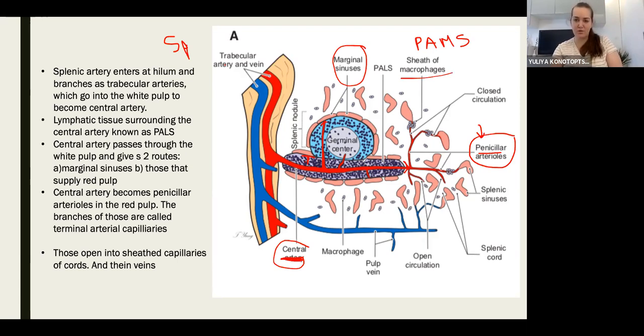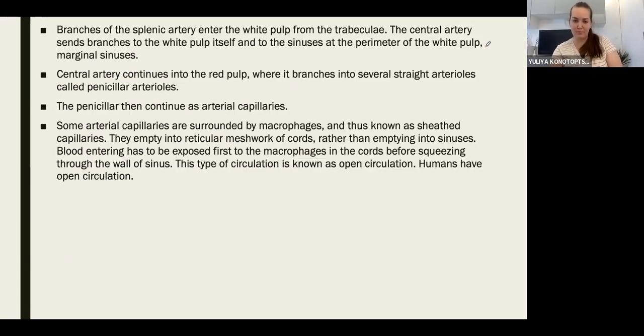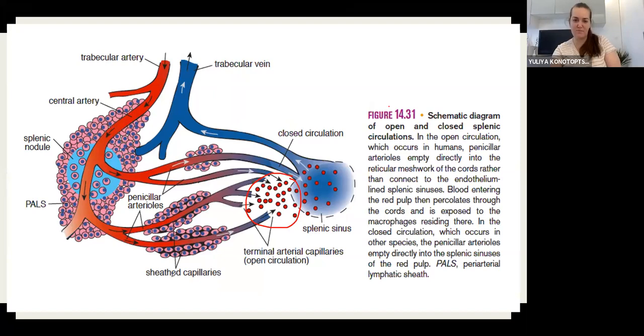So central arterioles are surrounded by PALS, penicular arterioles are surrounded by PAMS, by periarteriolar macrophage sheath. So for example, here, your penicular arterioles are sheathed. What is this? This is your PAMS. That's your macrophages.